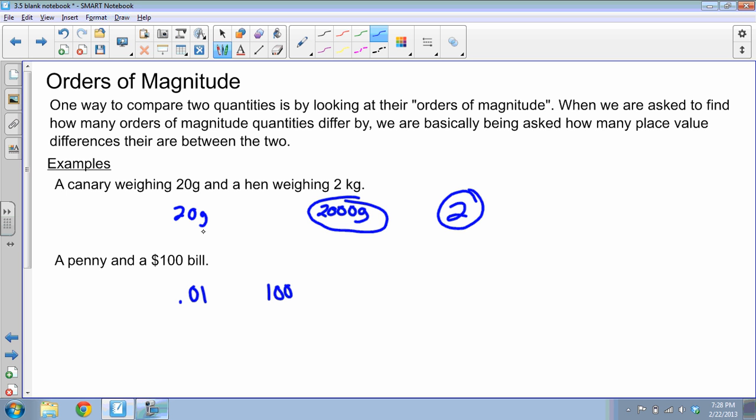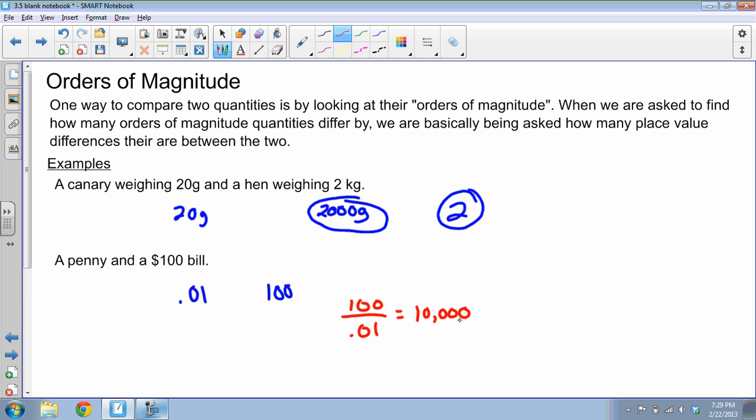And actually, let's talk about a different way that might be easier. If you take these and put them over each other, 100 over 0.01, what do you get? What we get is that a $100 bill is 10,000 times greater than a penny.